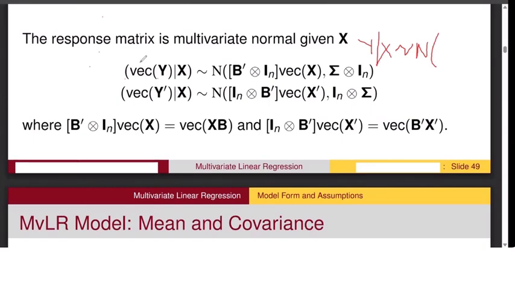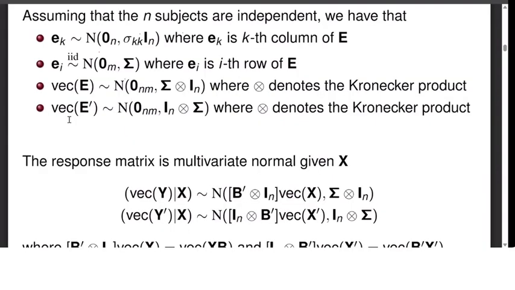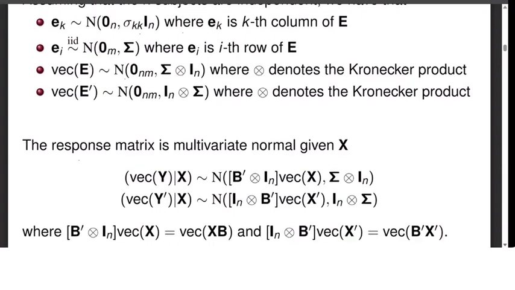But in the case of a multiple response variable, we're going to have a vector y given x. We're also going to have a vector y transpose given x. Don't forget, when we're dealing with the vector of the error, we also talked about the vector of the transpose of the error. We're also going to be doing the same. Take a look at that.